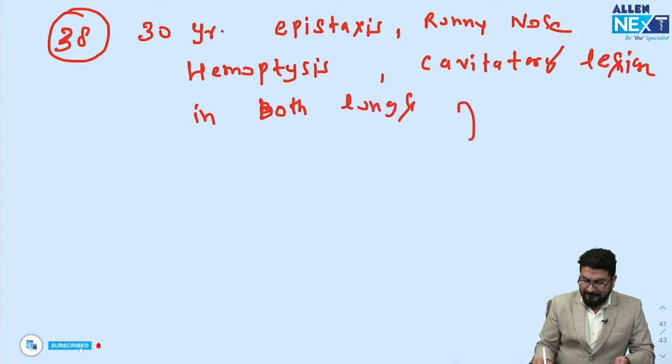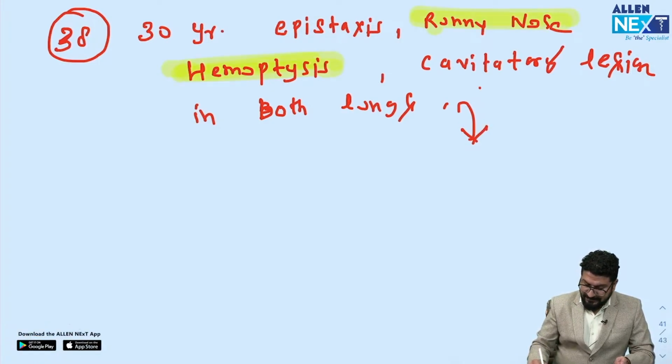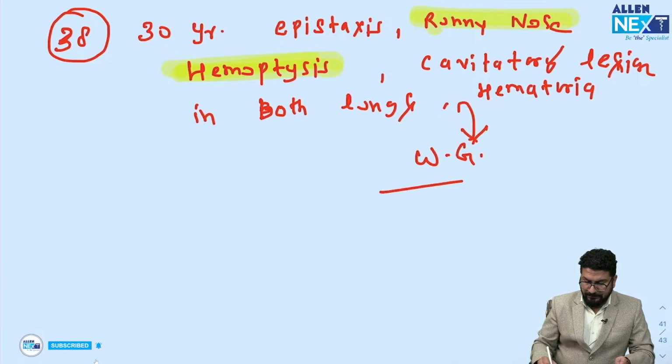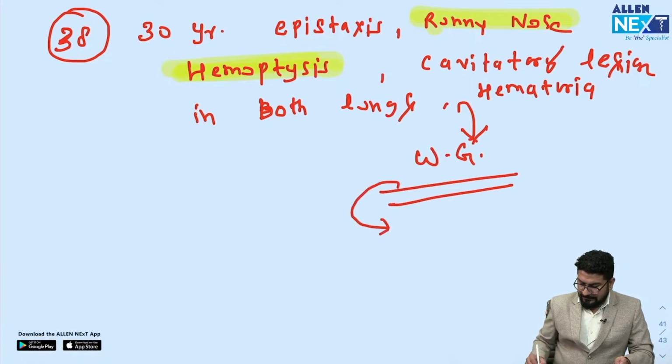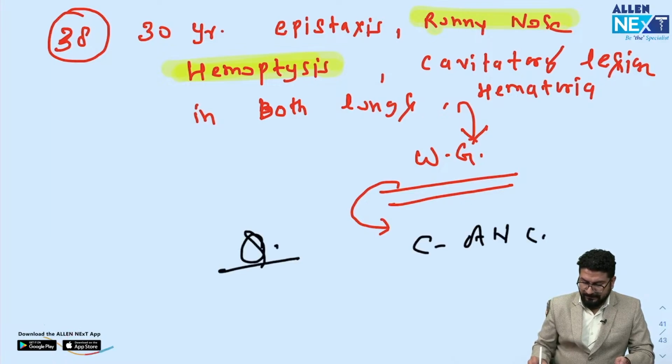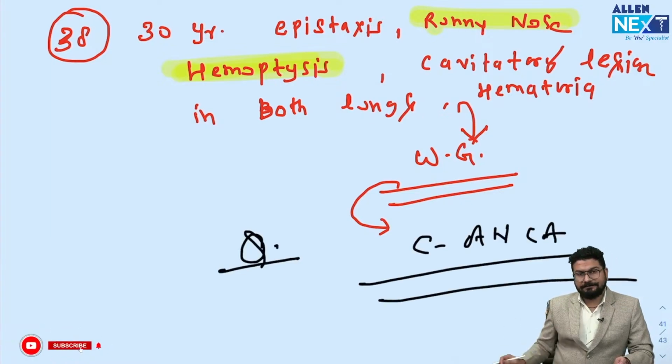So understand this. It is URTI, it is LRTI, and one more thing is mentioned, hematuria. These are features that we see in a patient with Wegener's granulomatosis. And for Wegener's, the question was, what is the name of the antibody? It was c-ANCA. So remember, in Wegener's, the antibody that we use is c-ANCA.